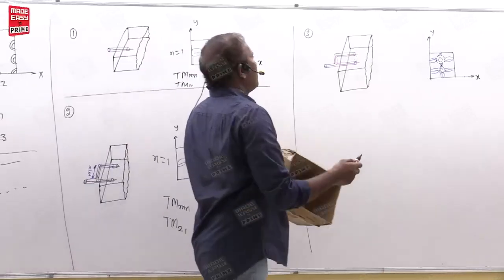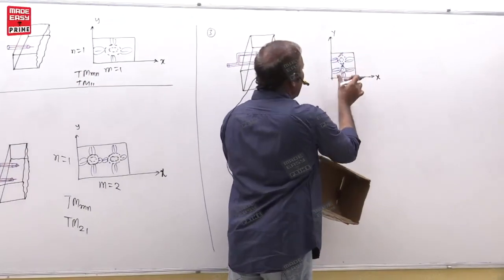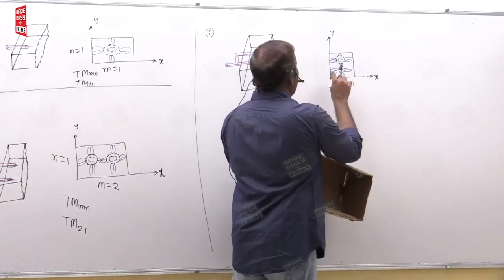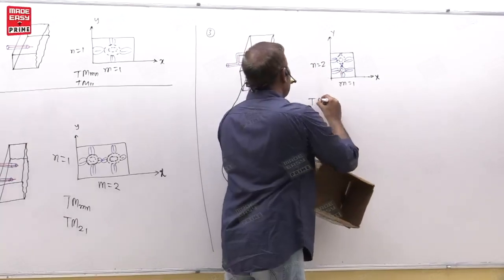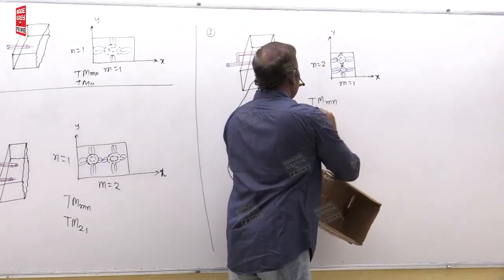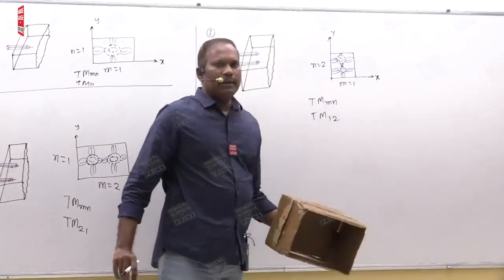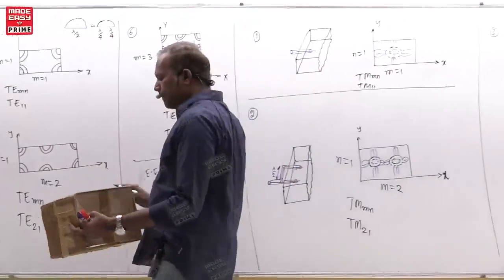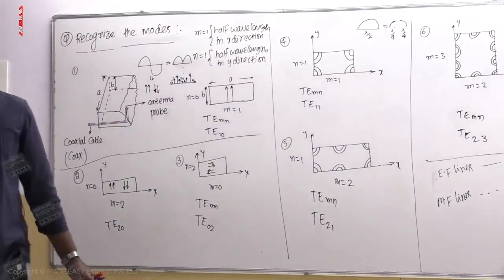So in this case only one circle is there, so m is equal to 1. Here 1, 2, so n is equal to 2. This is TM-MN, so TM, m is 1 and n is 2, students. So this is the way you recognize and answer the questions in examination. Okay.